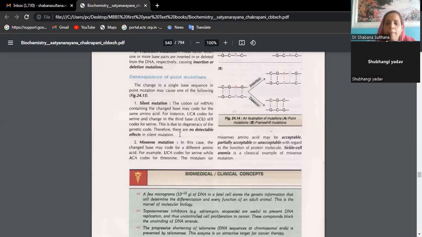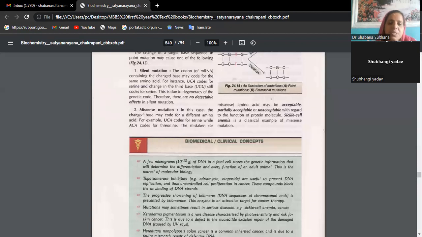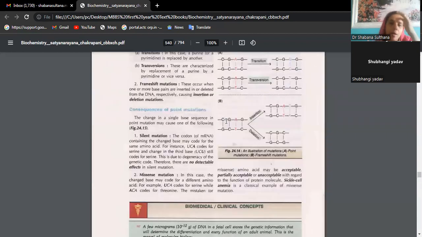Then we have missense mutations. In this case, the changed base pair may code for a different amino acid. Like UCA codes for serine, but now U has been replaced with A, which codes for threonine. So this is also a little harmful. It may be acceptable, partially acceptable or unacceptable, based on what protein is synthesized.